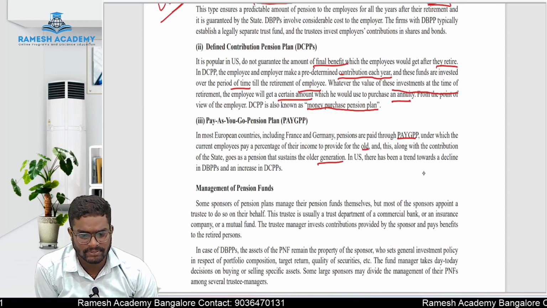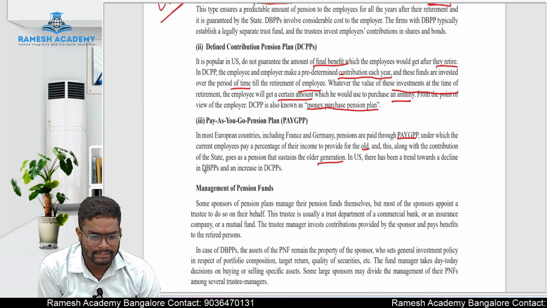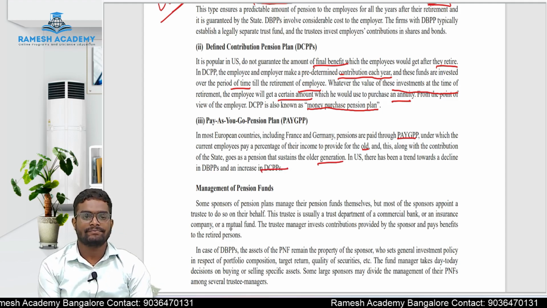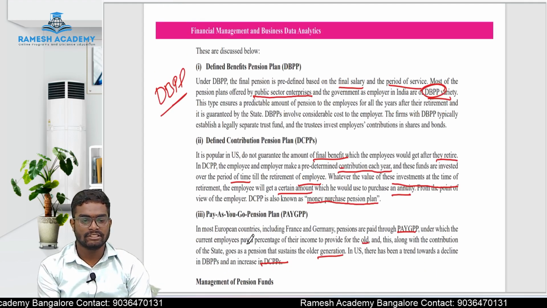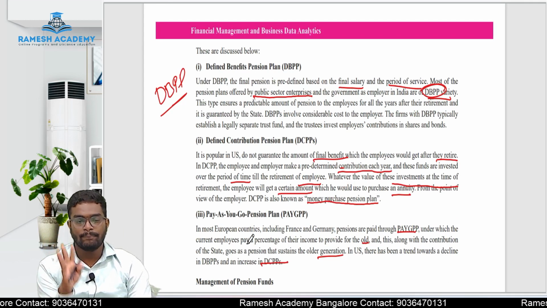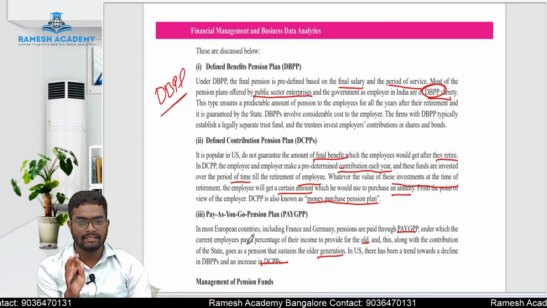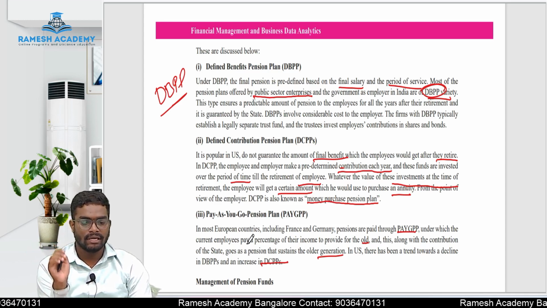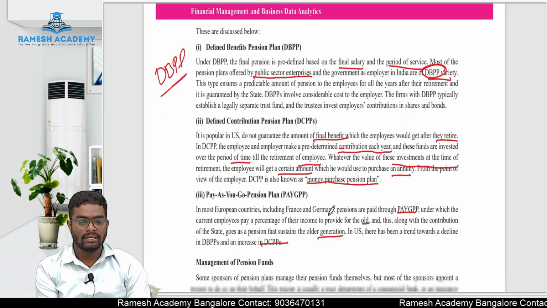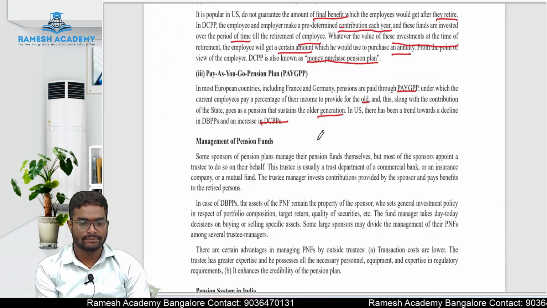In the US there has been a trend towards a decline in DBPP and an increase in DCPP. So it is a bit confusing, but understand the important points. DBPP is mostly used, and it is given by the government or the public sector enterprises. Understand the difference, that's it.